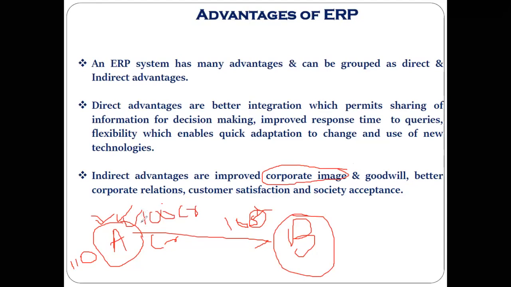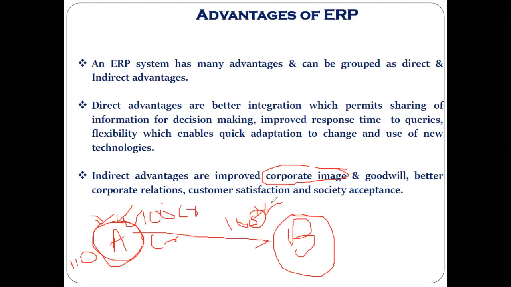This A company's customers are very much satisfied with this A company. The A company has good relations with the employees, etc. If these kind of good reputations are there with this A company, then that is the reason B company is ready to buy this A company by giving this 5 crore extra.